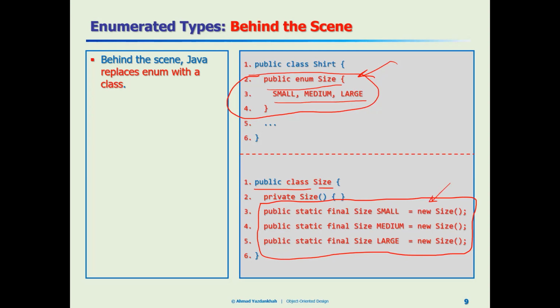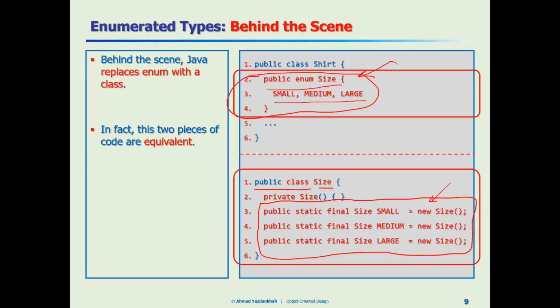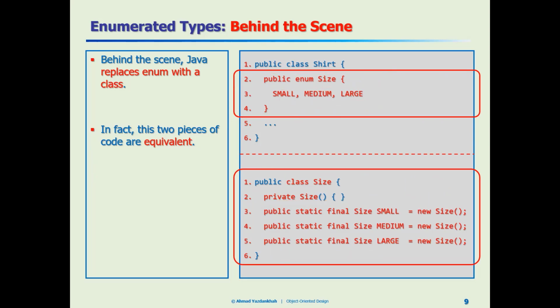And so in fact, these two pieces of the code are equivalent, right? And note that this is the constructor of the class, and automatically Java behind the scenes created it as private, because Java doesn't want you to be able to instantiate it.